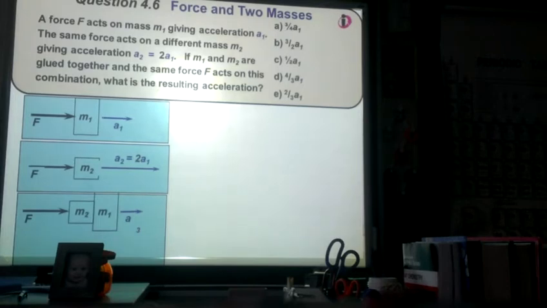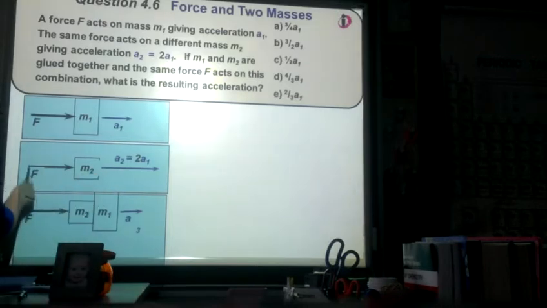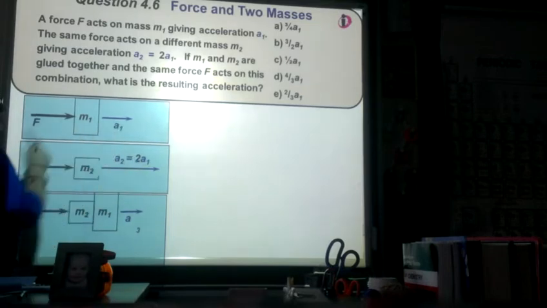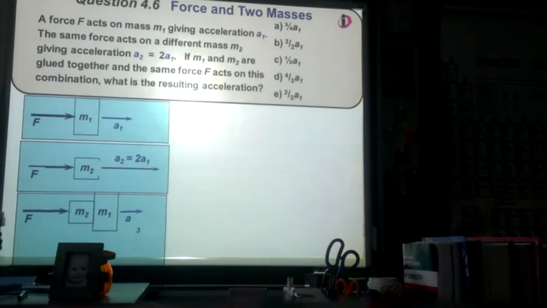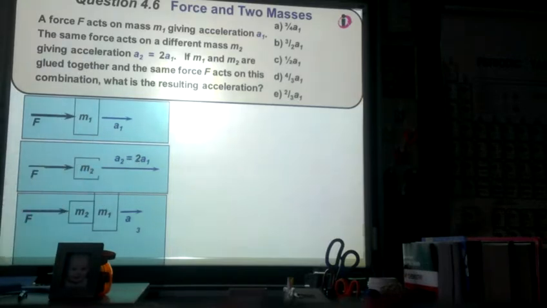The same force is going to be applied to a different mass, we'll call that m2, and now it has an acceleration a2, which is just double acceleration number 1. So the same force is applied to both m1 and m2, and m2 has twice the acceleration of the first one.